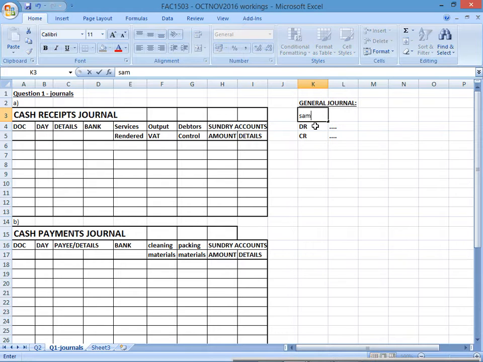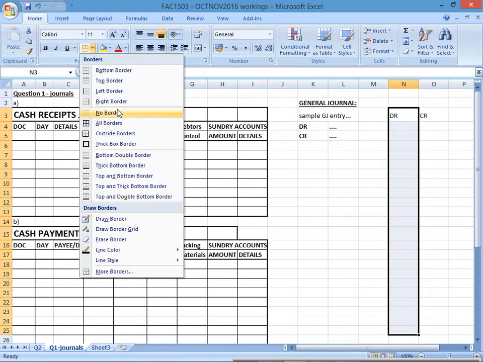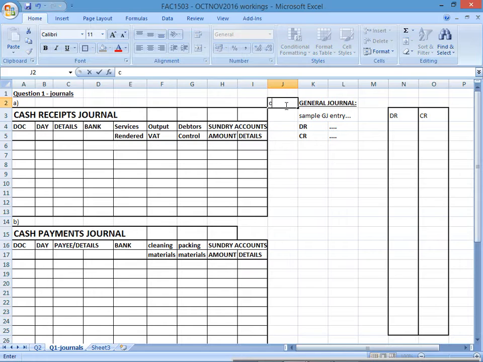Okay, I just want to show you a sample general journal entry. Okay, and then you'll have a debit column and you'll have a credit column. And this is what you would do for a general journal. Okay, that's also something that they wanted in this question, and this was obviously number C. Okay, general journal.